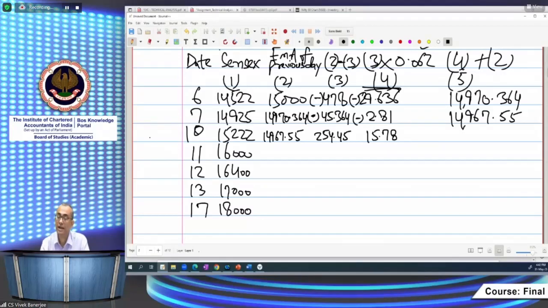And we will add this 15.78 with 14,967.55. It comes to 14,983.33. So the exponential moving average of 10th will be 14,983.33.